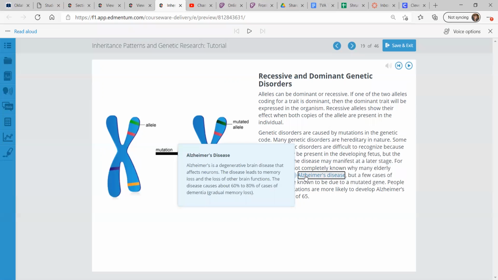Neurons are the cells in your brain and central nervous system. The disease leads to memory loss and the loss of other brain functions. The disease causes about 60% to 80% of cases of dementia, which is gradual memory loss. Very sad.